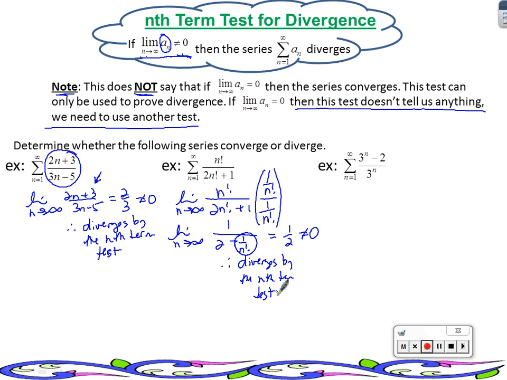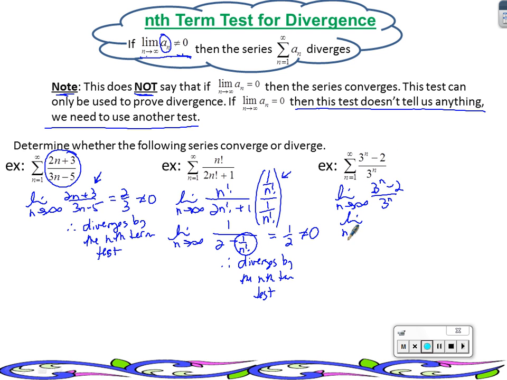Last one. So limit as n goes to infinity of (3 to the n minus 2) over 3 to the n. We would use this similar technique. If some of you want to just do that part in your head, please do so. Or, since I just have one term in the denominator, I could split this into 2 fractions. That might even be easier.